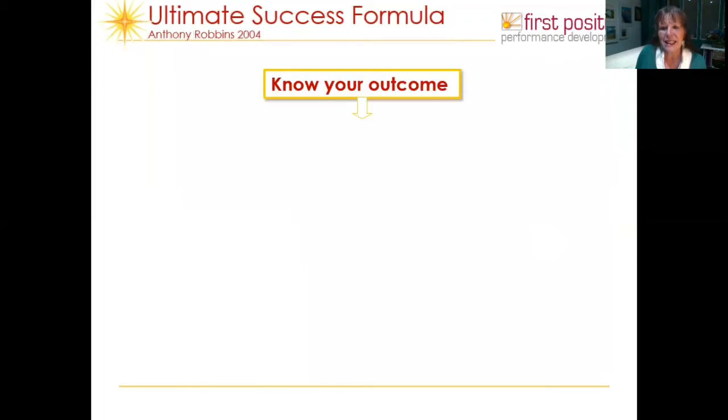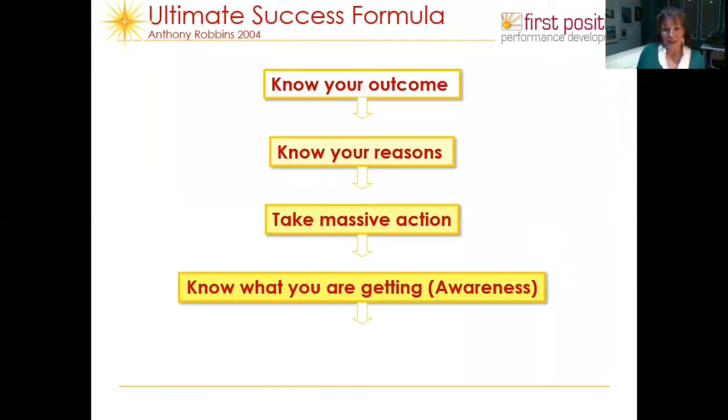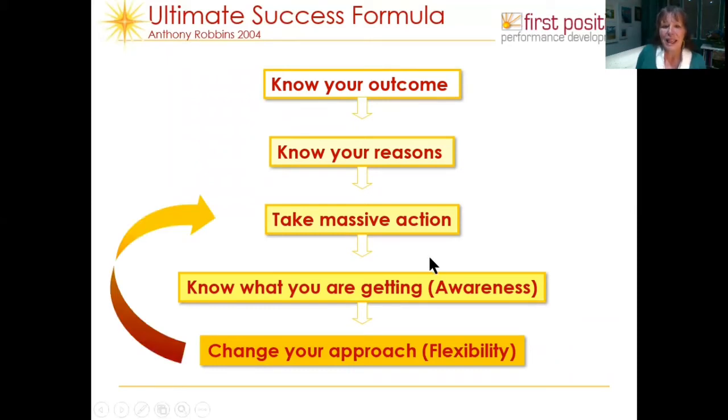And what makes it the ultimate success formula is this looping. If you know that the action you're taking currently is not taking you towards your goal, and you realize that, and you are flexible and change your approach again and again, this formula has to work.